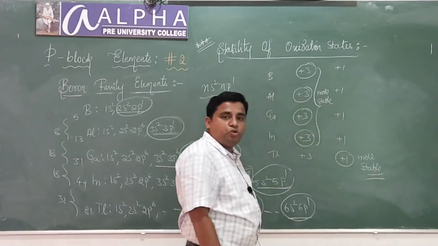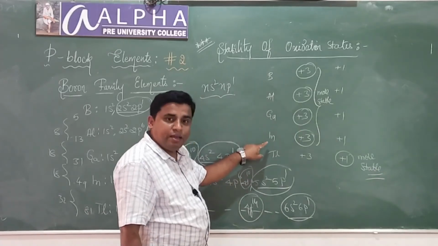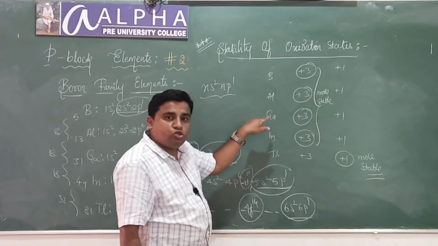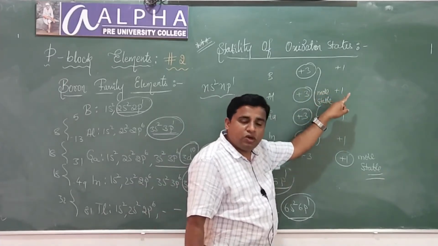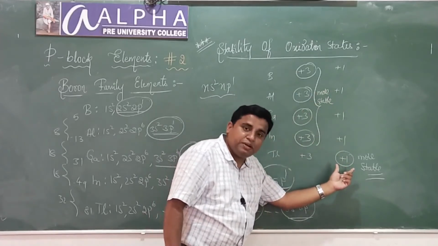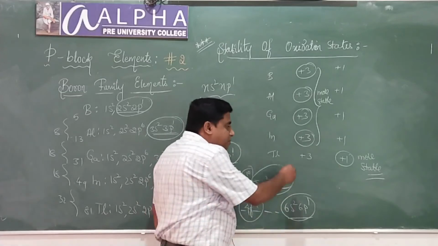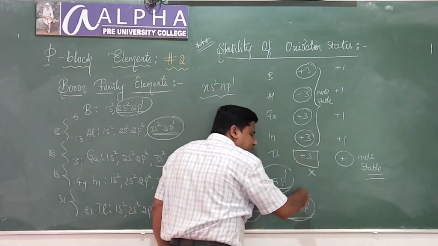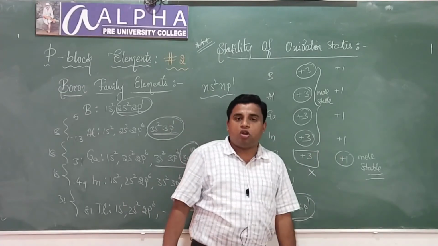Note this point. That means boron, aluminium, gallium and indium always want to be in which oxidation state? +3 oxidation state rather than +1 oxidation state, whereas thallium wants to be in +1 oxidation state rather than +3 oxidation state. So thallium does not want to be in +3 oxidation state, because it is more stable in what? +1 oxidation state.